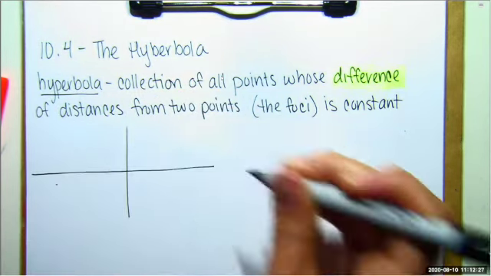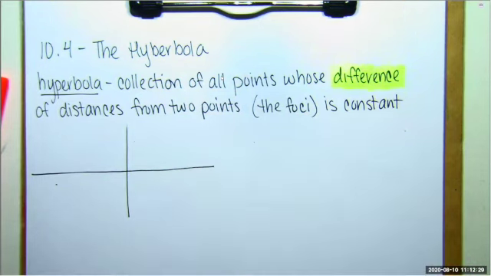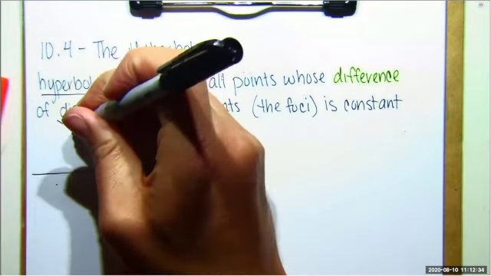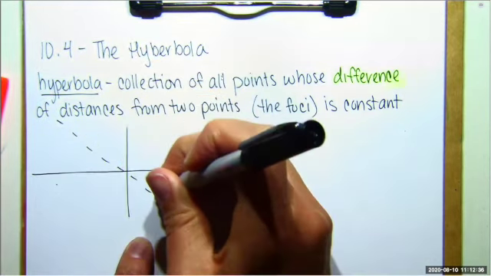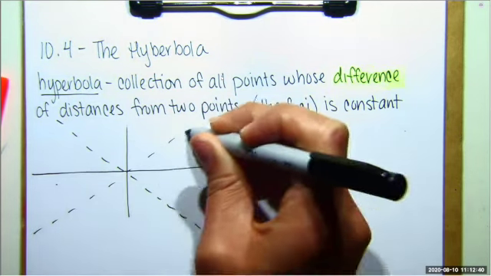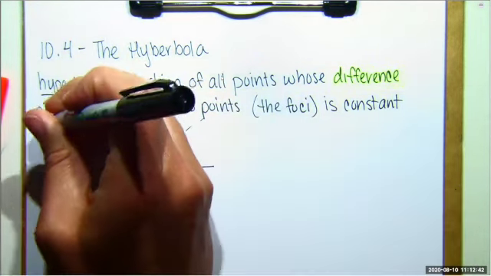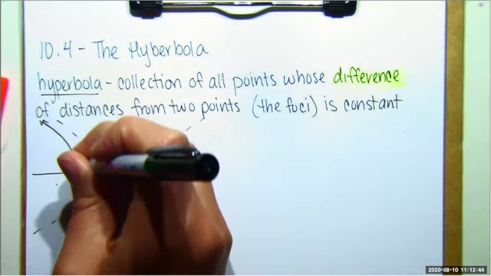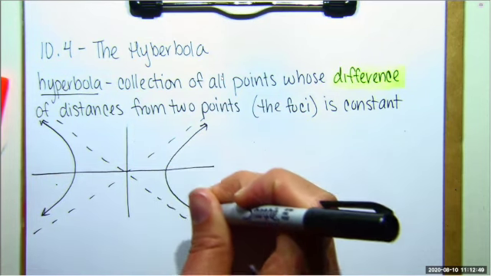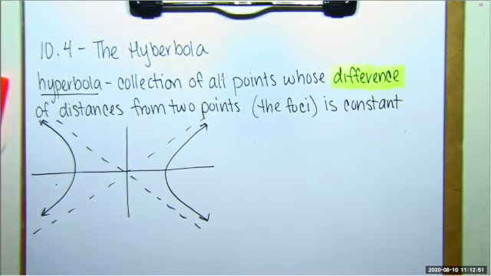We have these two axes, and I'll give you all the terminology in just a second. What we're going to have here is some oblique asymptotes. And our hyperbola has two pieces to it. So it's going to follow these oblique asymptotes along the left and along the right.